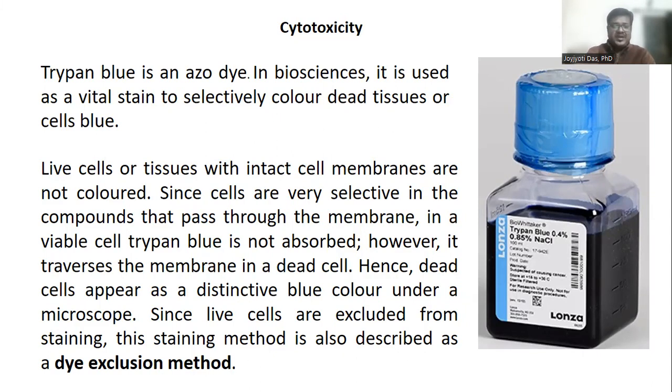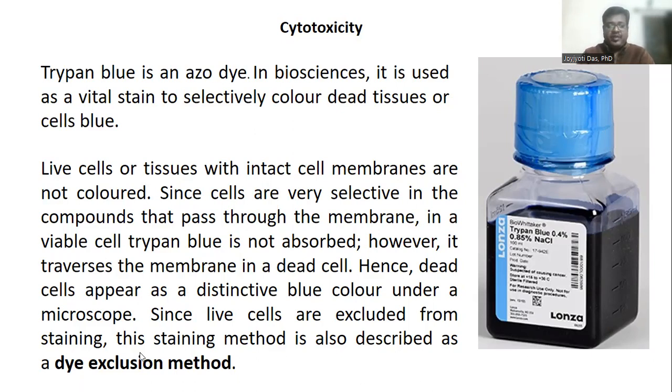You will take cells from both the wells, and then you will perform this specific assay. What is this assay? You will use the hemocytometer for counting cells from both the wells. But before that, you need to stain the cells with this particular dye, which is talked about in this slide.